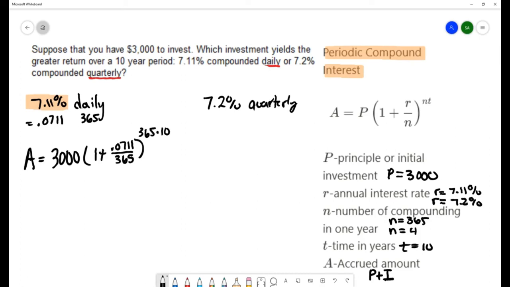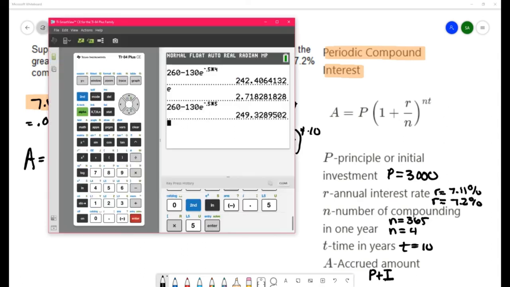If we use an interest rate of 7.2%, that R will be 0.072 and N will be 4. So our formula would look like this. 3,000 times 1 plus 0.072 over 4 to the 4 times 10. We're going to type both of these in our calculator to see which one gives us the larger return on our investment.